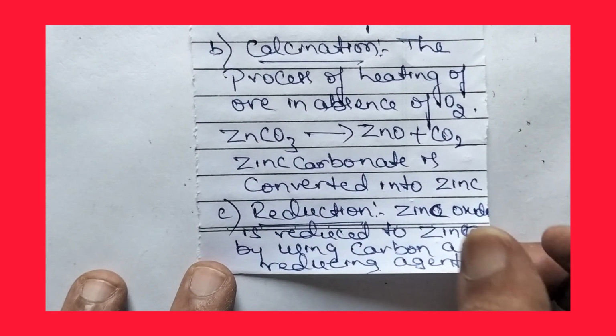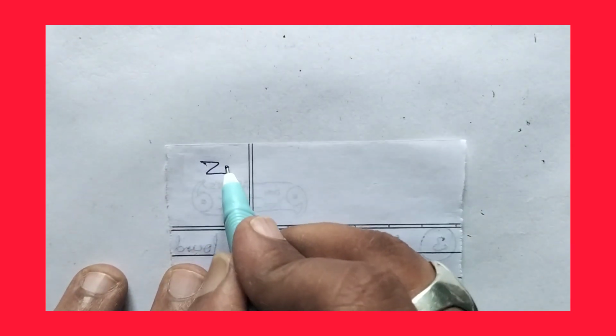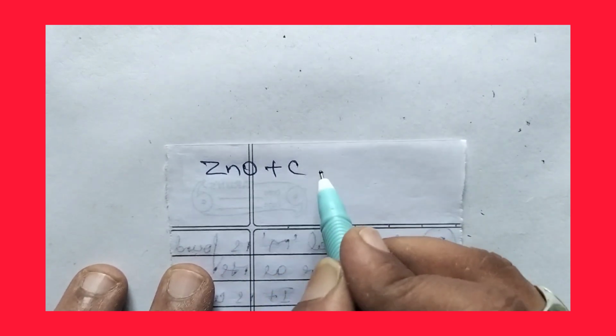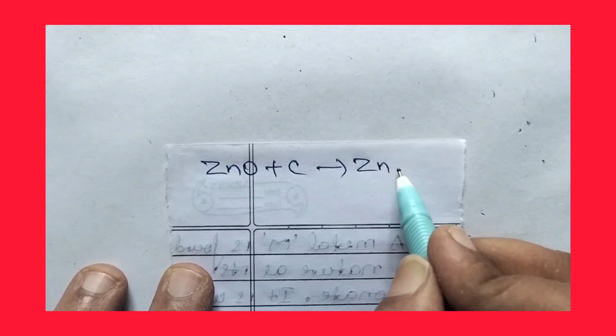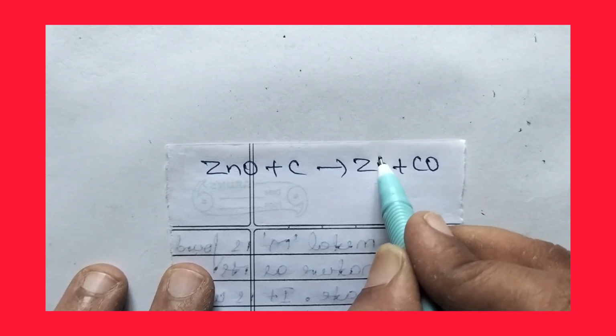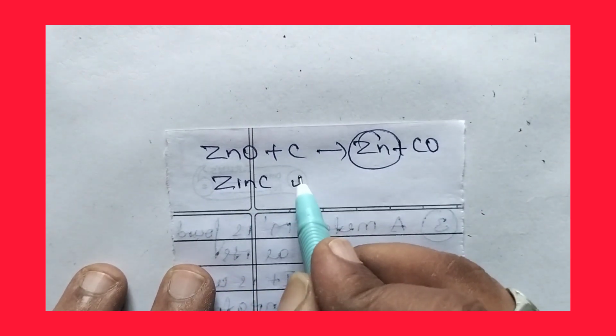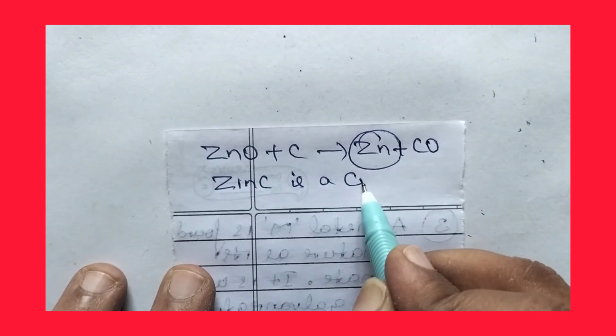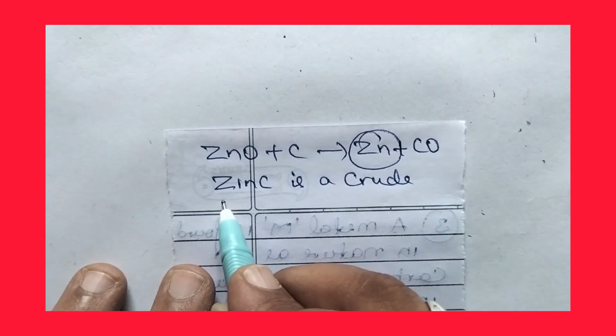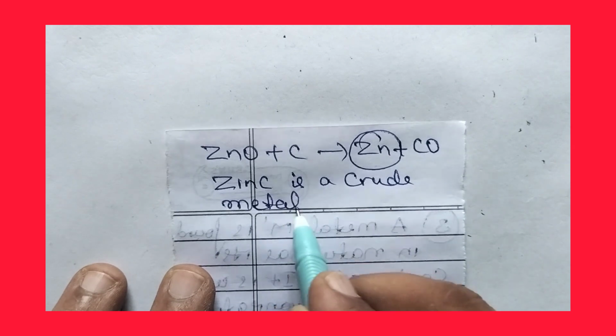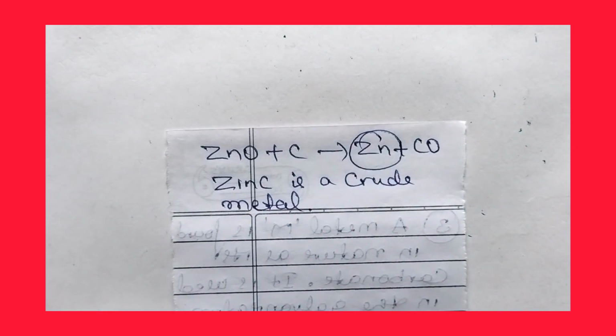So now let us reduce zinc. ZnO plus C gives rise to Zn plus CO. So now what metal are we getting? Zinc. Zinc is a crude metal, that is, it is not 100% pure. So like this we are getting zinc from zinc carbonate.